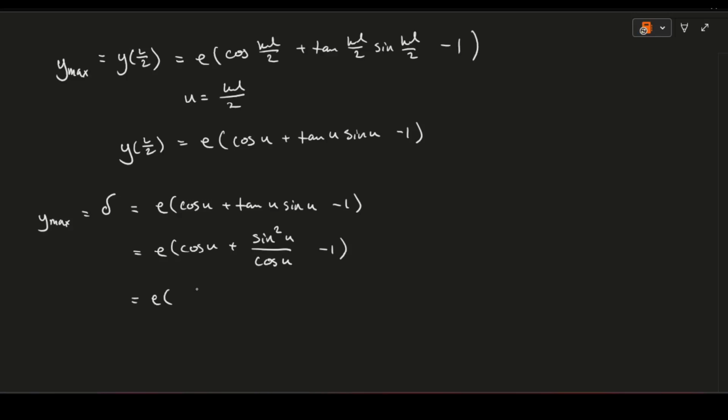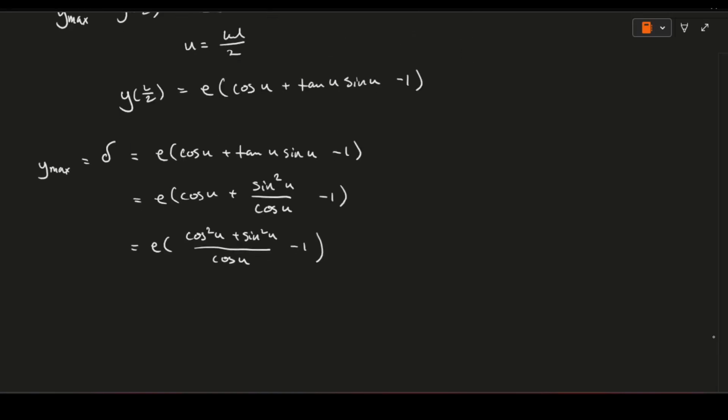We get cosine squared u plus sine squared u all over cosine u minus 1. And this is a trig identity.